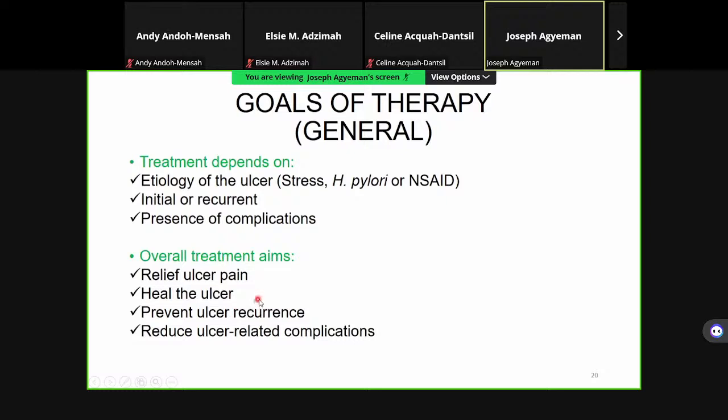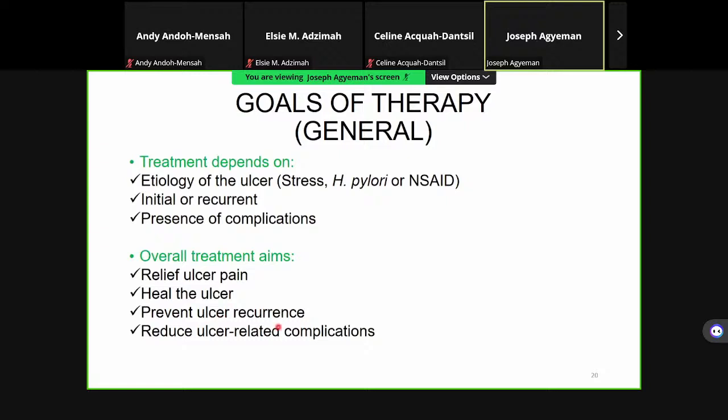But overall, regardless of the etiology, these are the main targets that you have to achieve. Of course, you have to relieve the ulcer pain and to heal the ulcer itself. If the wound is not healed, the pain will always be there. Try and then prevent recurrent episodes.